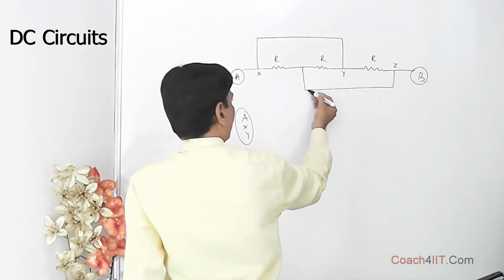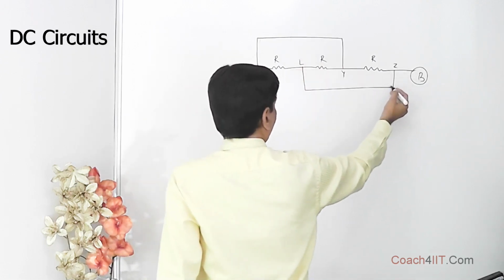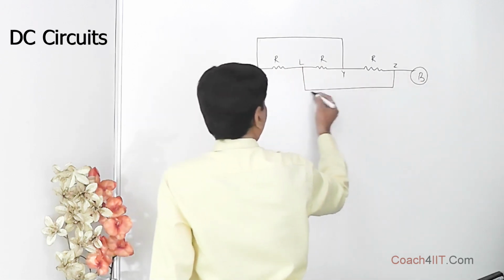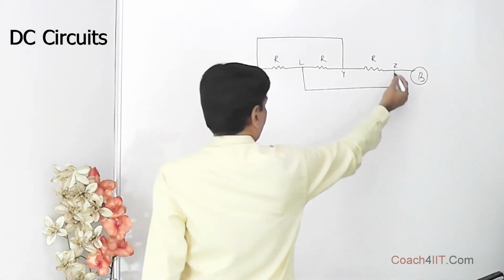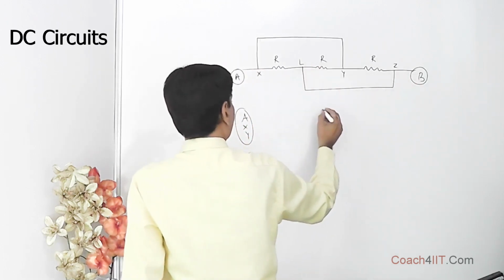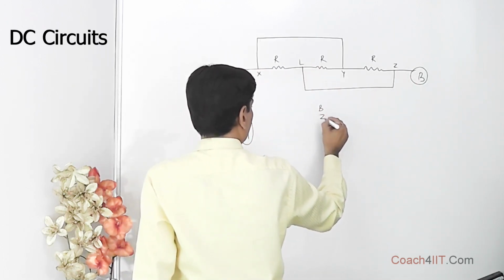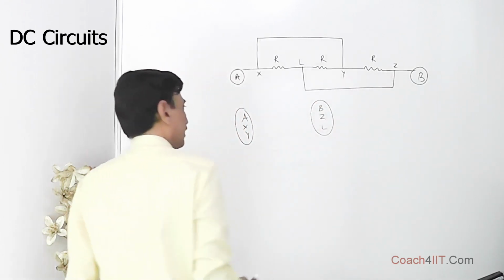Similarly, this is also a conducting point, and let's call this point L. So B, Z and L are at the same electric potential because this is a conducting wire only. We can combine it as one.